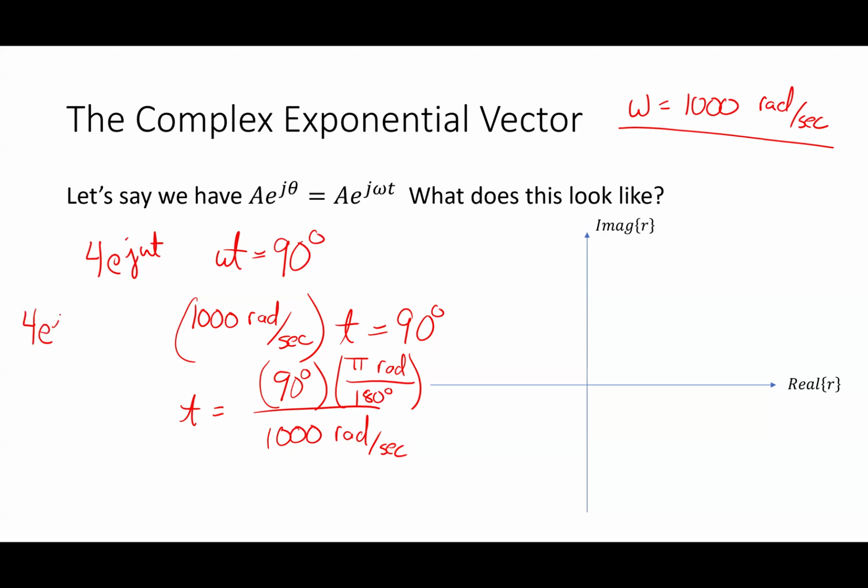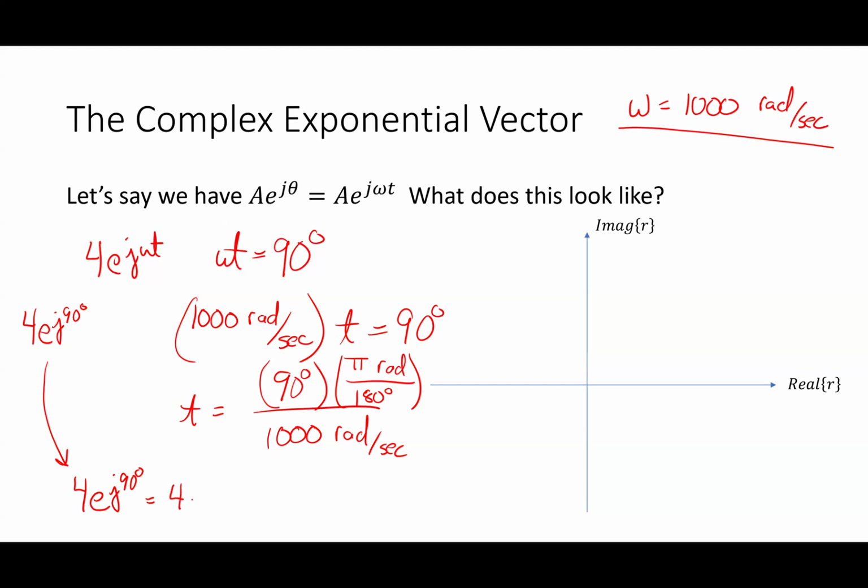All right. Question is, when omega t is equal to 90 degrees, that means that this thing is equal to 4e to the j 90 degrees. Where is that vector at that point in time? How would I figure that out? What tool do I know that I can use for e to the j anything? How do I expand e to the j 90?